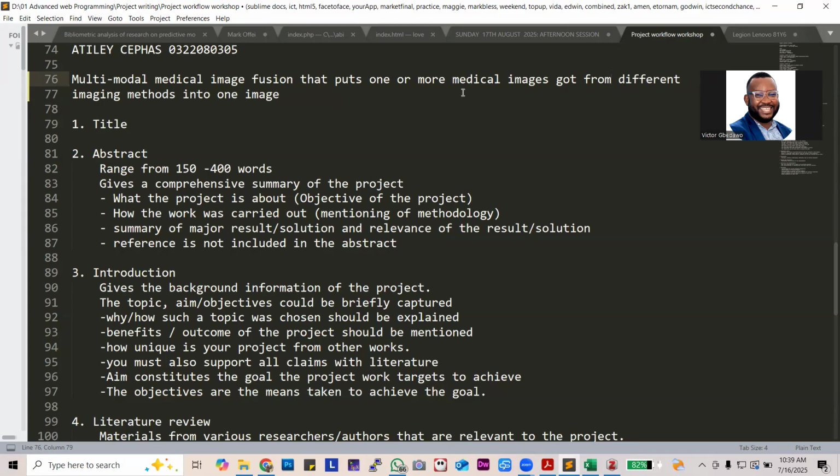Otherwise we put like plagiarism. So you can say images got from different imaging methods into one image. If one is okay, right?